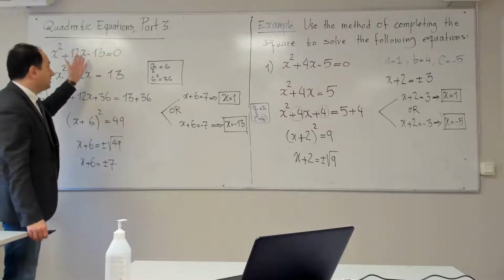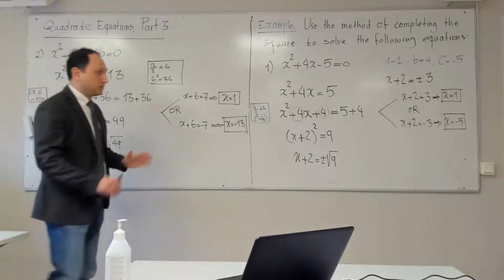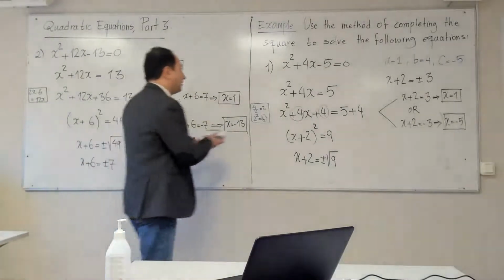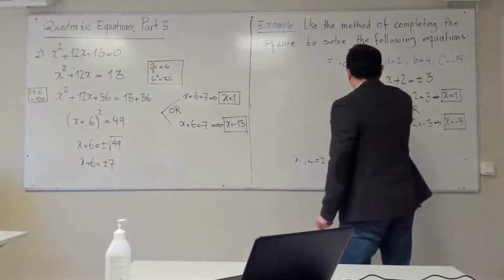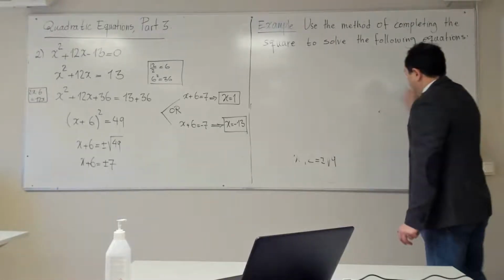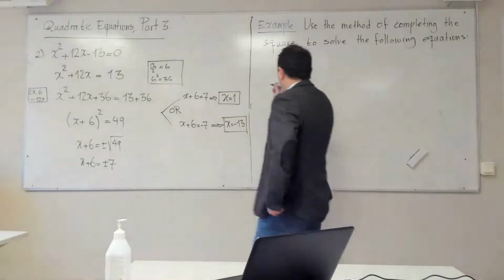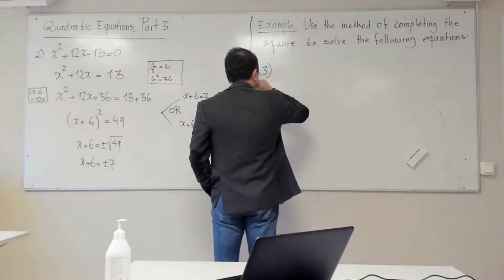Don't worry about that, okay? So you need to learn how to work with fractions. You're not allowed to keep approximate values, okay? So let me give you another example here. So number 3, for example, let us solve this one.